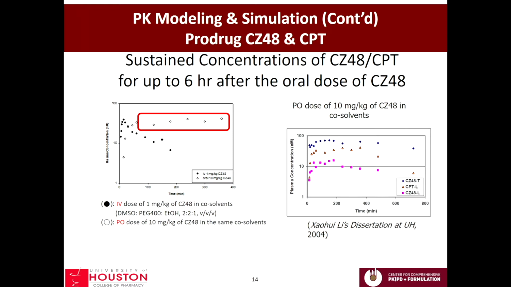Apparently, with different routes of administration, they behave very differently. And then we monitored the CD48 total, CD48 lactone form, and CPT lactone form, which is the active moiety, which also was sustained. So at that time, we thought very likely there's enterohepatic recycling.